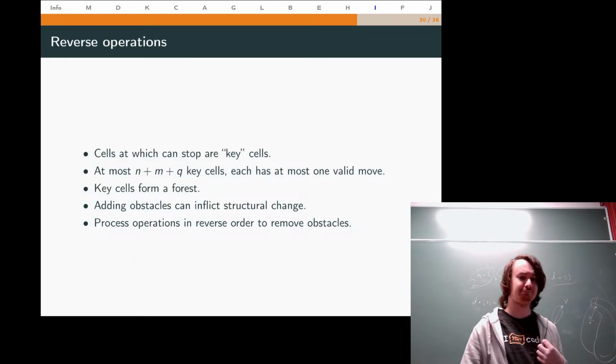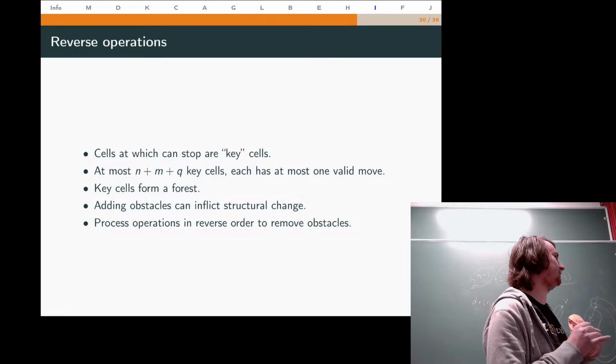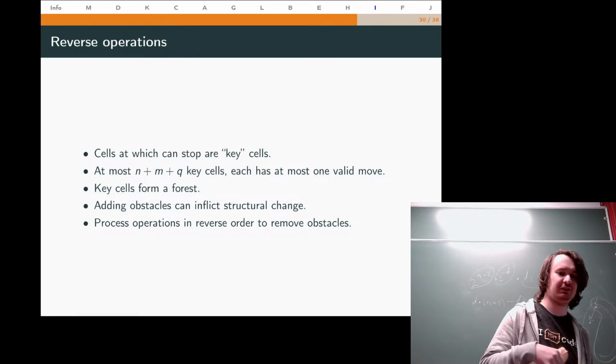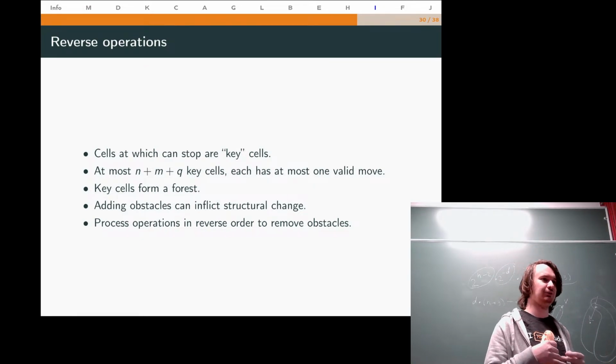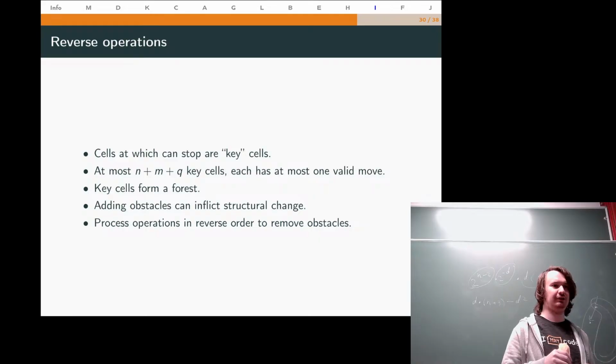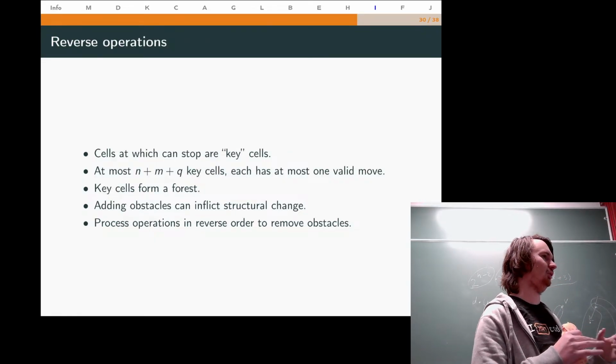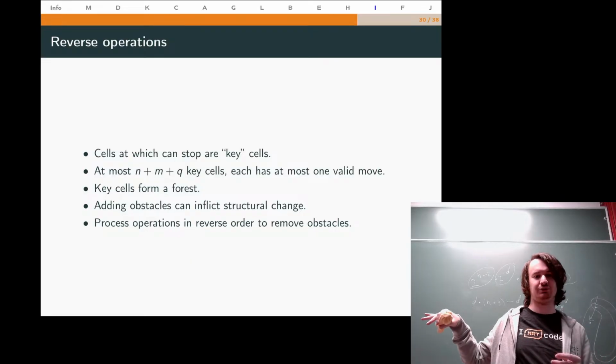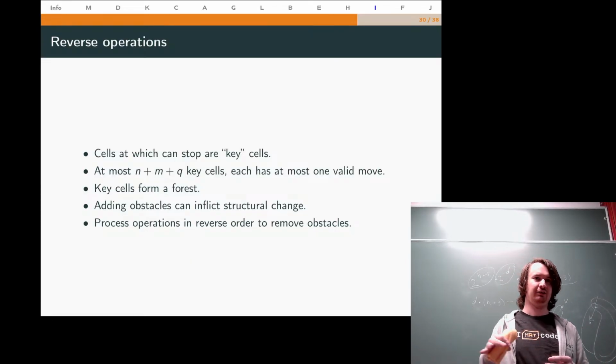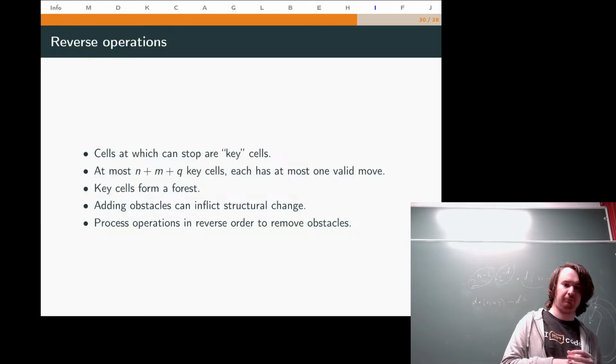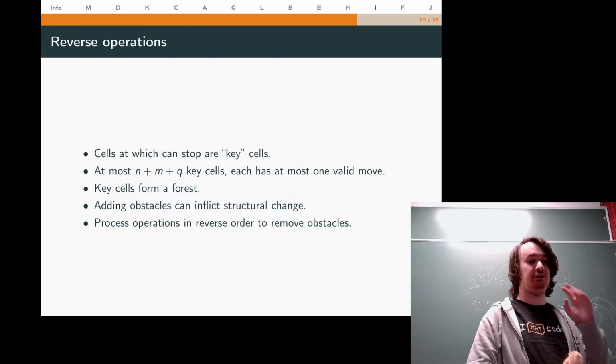So what we need to notice is that there are only n plus m plus q points at which we possibly could stop. Those are the points that are directly adjacent to some of the obstacles, or those could also be some points on the border of the whole icy grid.